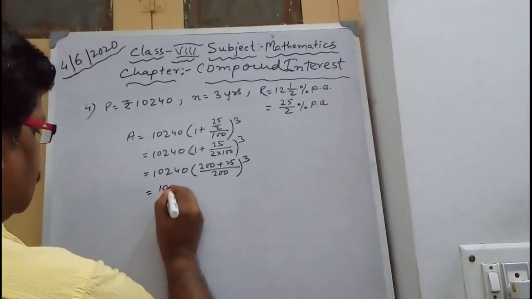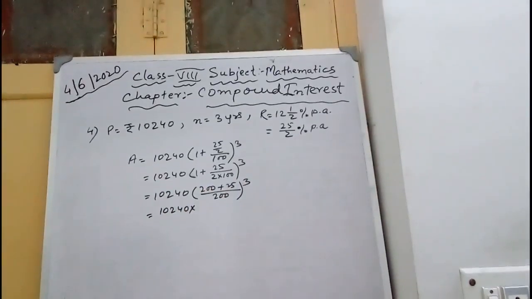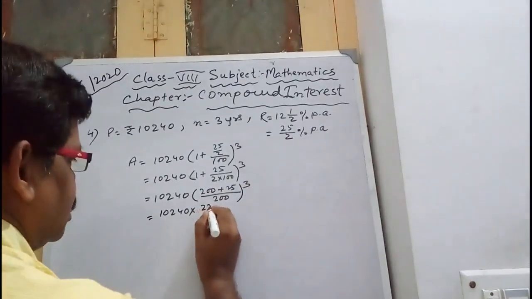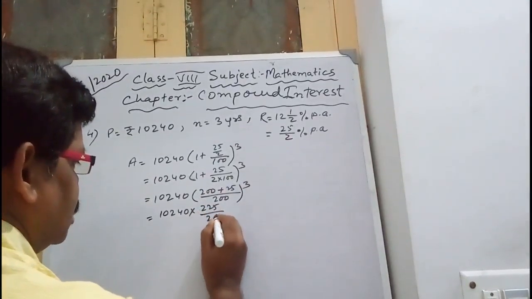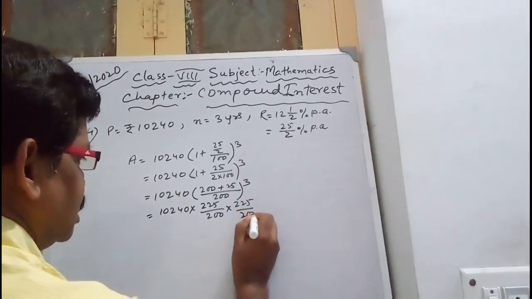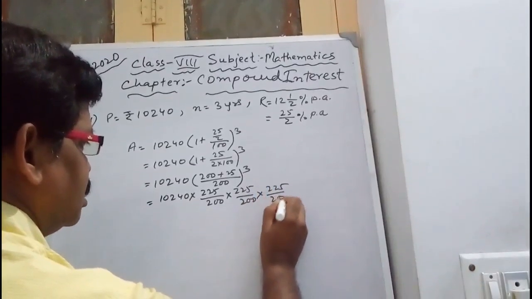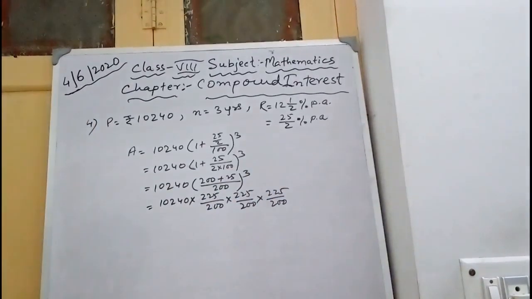So 10240 into 200 plus 25, that is 225 by 200, into 225 by 200, into 225 by 200, as power is 3.